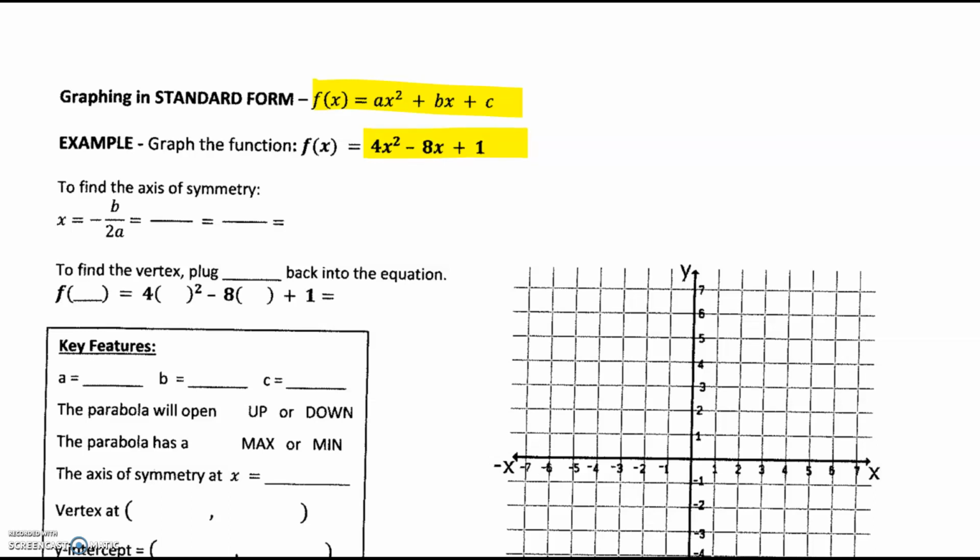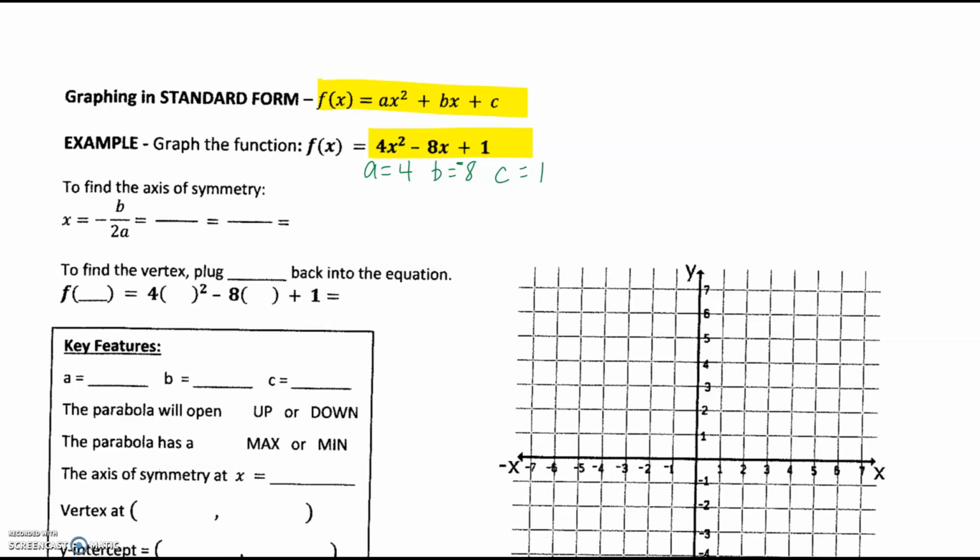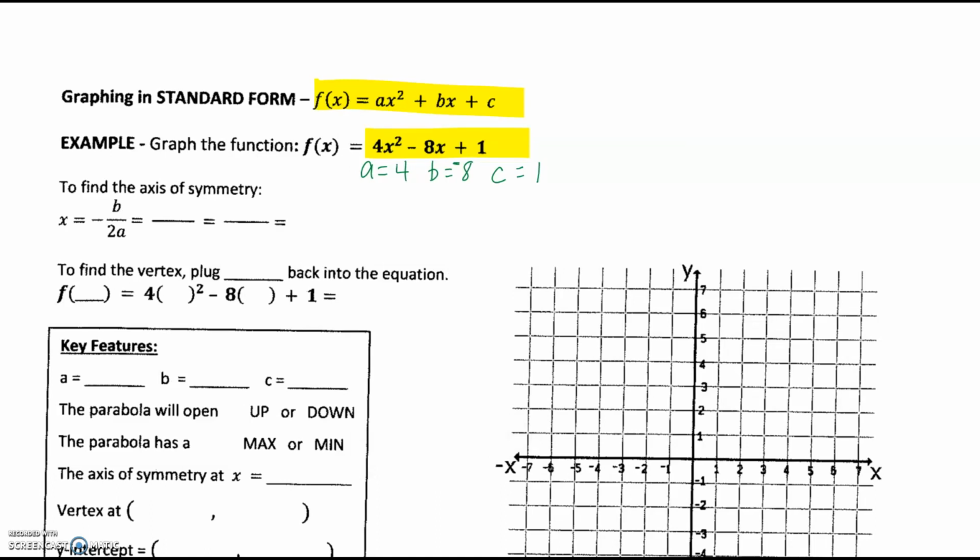I want you to identify a, b, and c. A is 4, b is not 8, but -8, and c is 1. Okay? How did I get that? A is what's in front of your x squared term, b is what's in front of your x term, and c is your constant term.